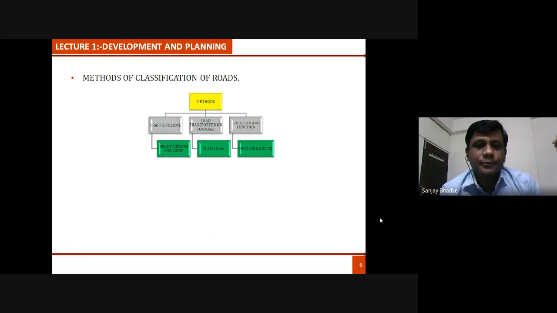Students, in a small classification, roads are classified as heavy or medium types of road. In some cases, they can be classified as class one and class two roads. And for further classification, they are the national highway, state highway, major district road, other district road, and village road.